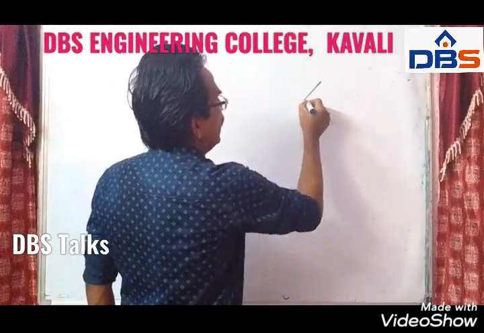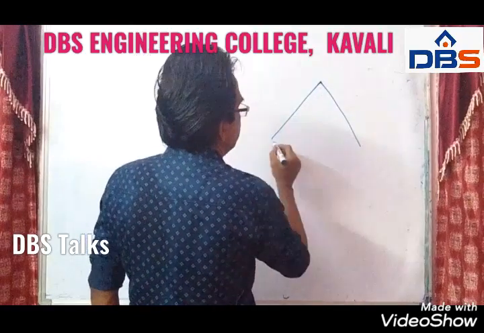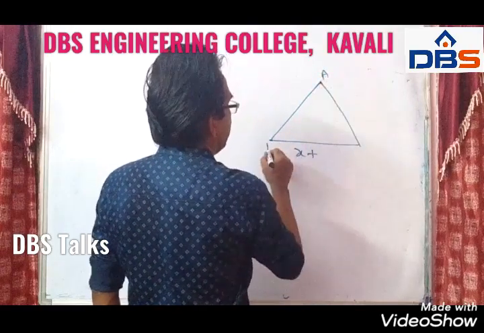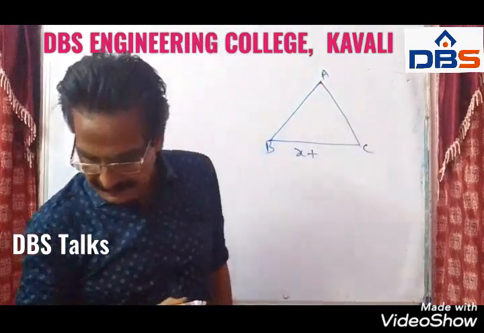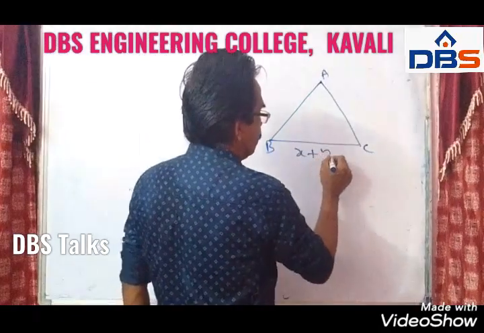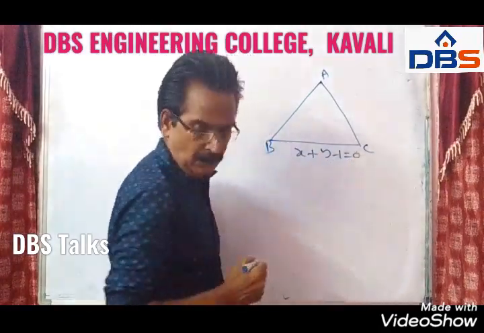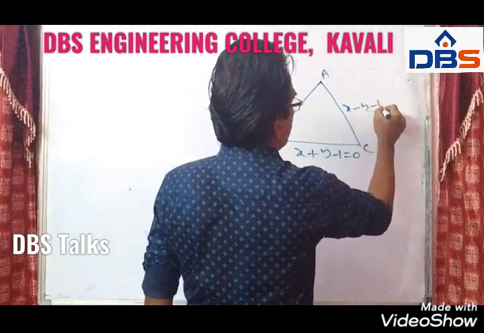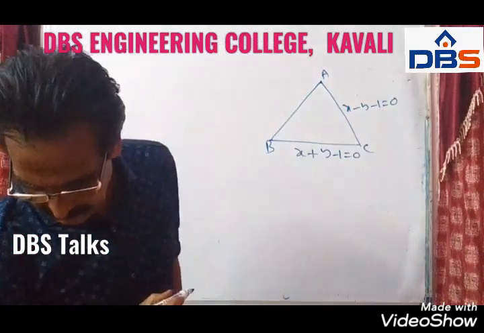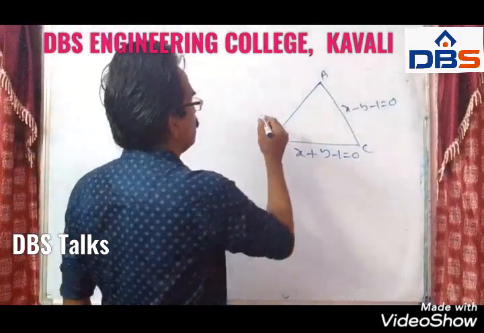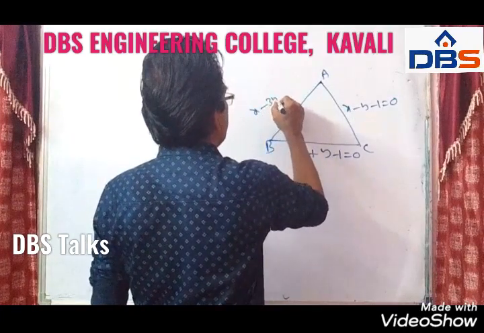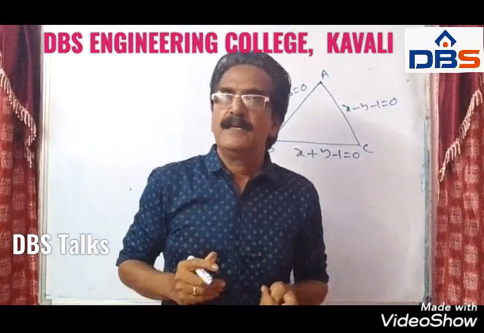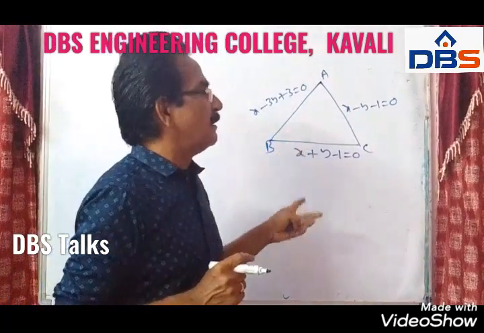Now the lines are given, friends: x plus y minus 1 is equal to 0, x minus y minus 1 is equal to 0, and x minus 3y plus 3 is equal to 0. This is an EAMCET 2018 question, friends. In EAMCET 2018, this question is asked.